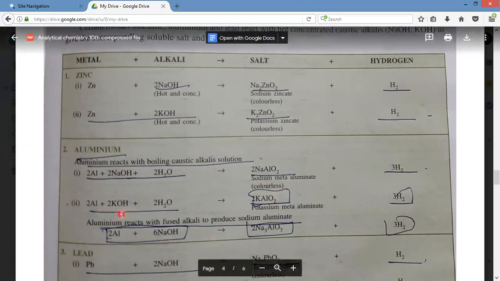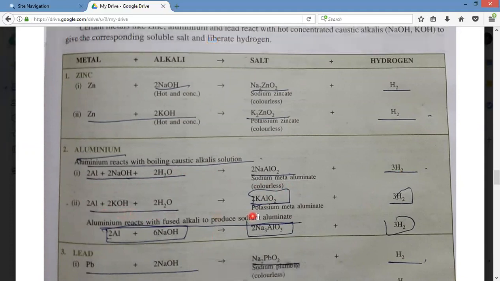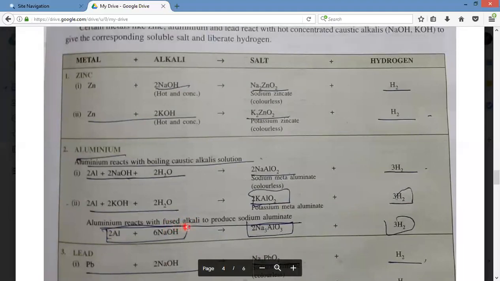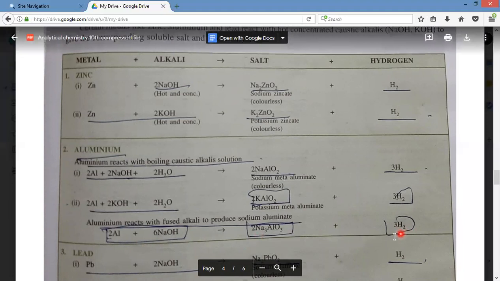Aluminium with KOH, the caustic potash, and water, potassium meta-aluminate is forming with hydrogen gas. If we are taking the fused alkali, then aluminium treated with the fused alkali forms sodium aluminate with hydrogen gas.